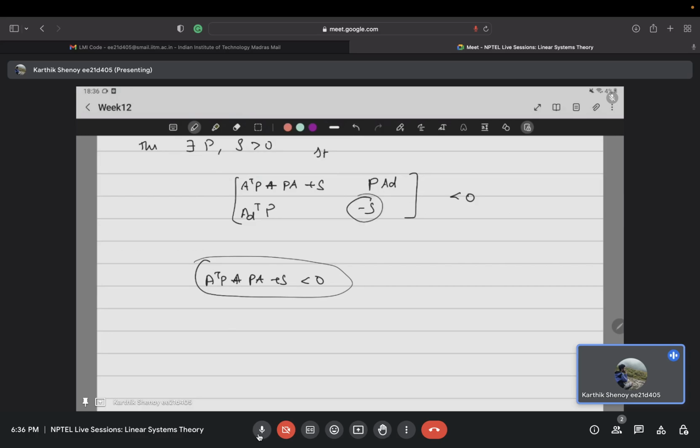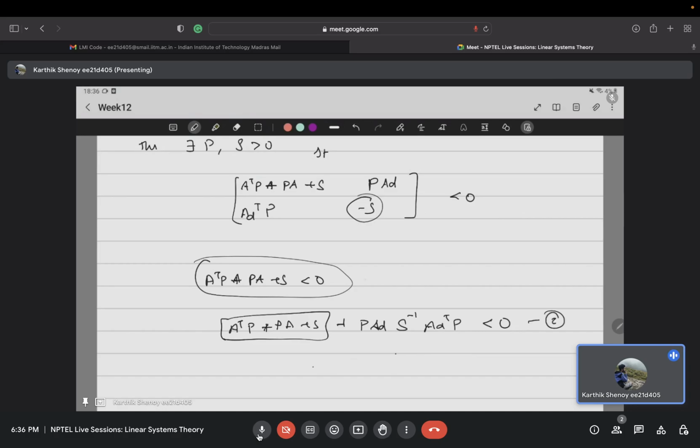So this is nothing but A transpose P plus PA plus S minus PAD S inverse AD transpose P is negative definite. This is the second condition based on the Schur complement.